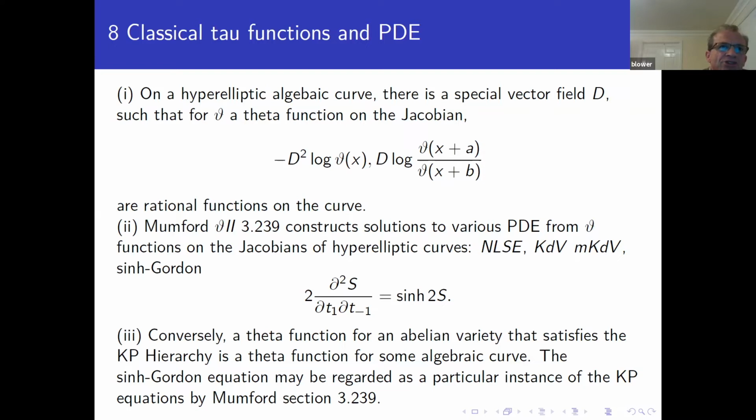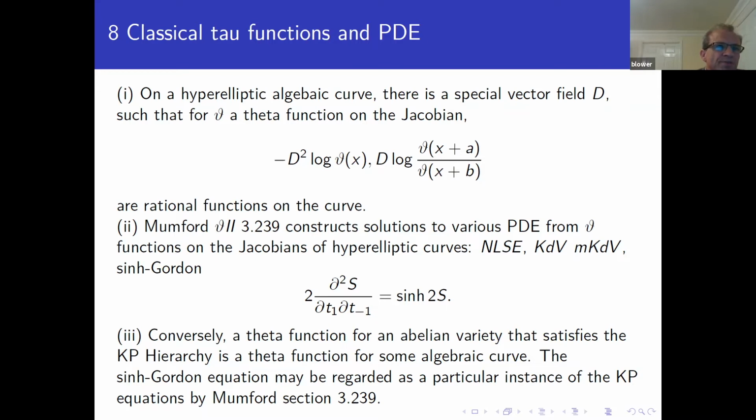And for sinh-Gordon, you have two active time parameters, t1 and t-1. You take a function s and take the second derivative of s with respect to t1 and t-1, and twice that gives you the hyperbolic sine function of 2s. So that's what sinh-Gordon is about, and I'm going to show how this can be constructed via linear systems.